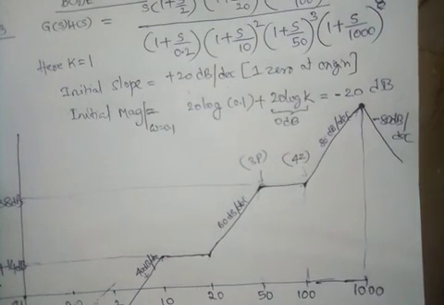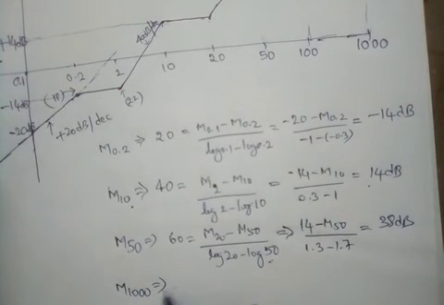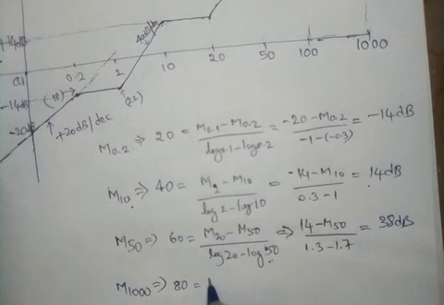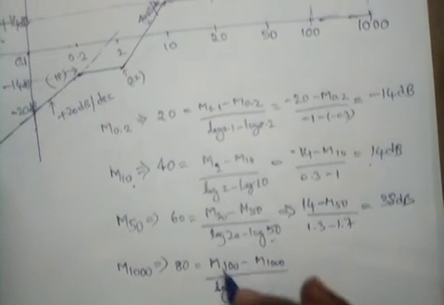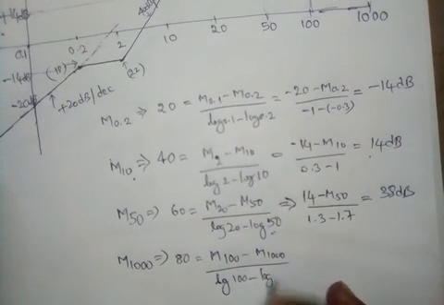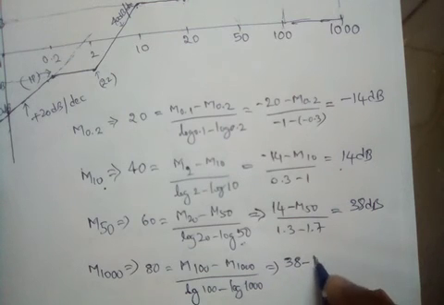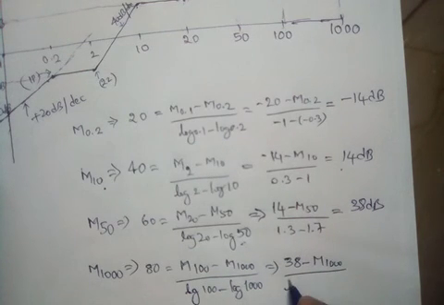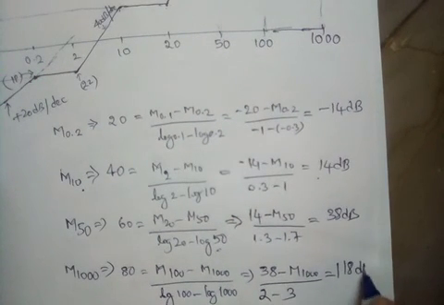And we need to find out the magnitude at 1000 now. That is equal to slope: magnitude at 100 minus magnitude at 1000 over log of 100 minus log of 1000, 38 over 2 minus 3, it comes as 118 dB.